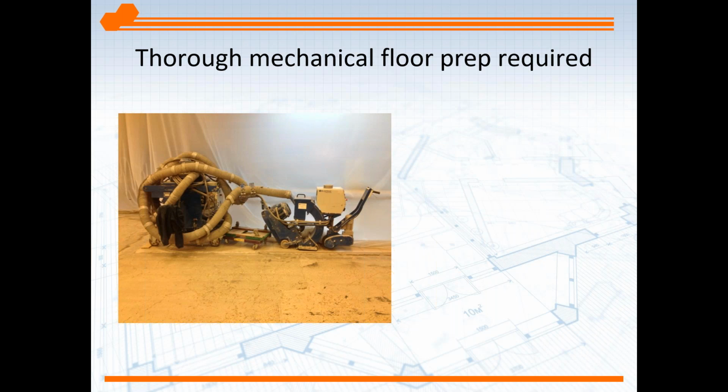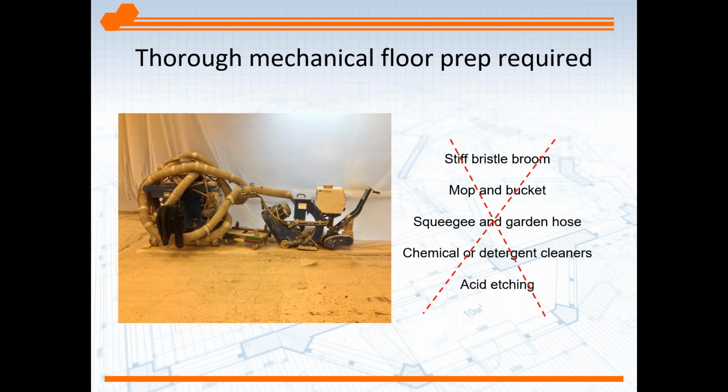Now, with moisture mitigation membranes, specifically epoxy, surface prep is required, and it needs to be aggressive. Here we're looking at a blast track machine that shoots out a small BB that removes weakened concrete and contamination, creates a profile, creates porosity. So you need to be aggressive. None of these methods on the right are good prep methods.